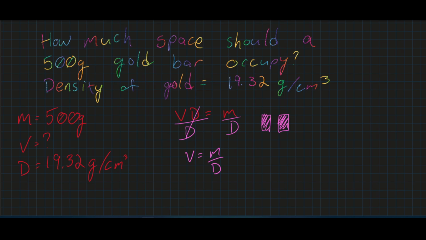Alright, so what you should have gotten was, I'm just switching the sides of the equation. It's the same thing, so that mass and density are on the left instead. 500 grams divided by 19.32 grams per centimeter cubed equals volume.